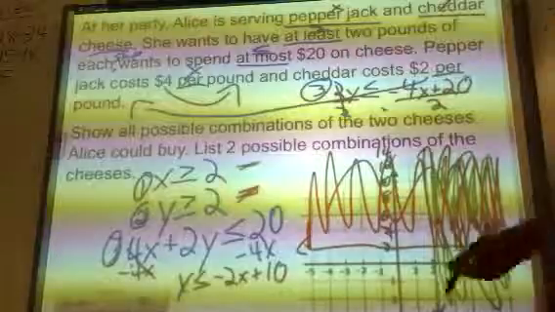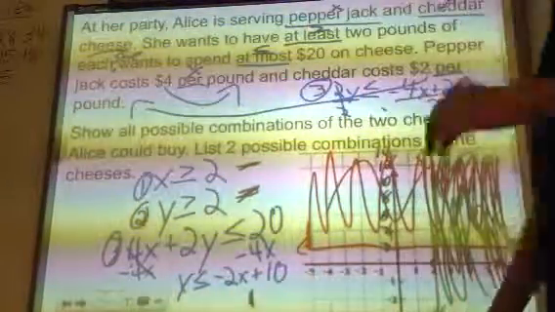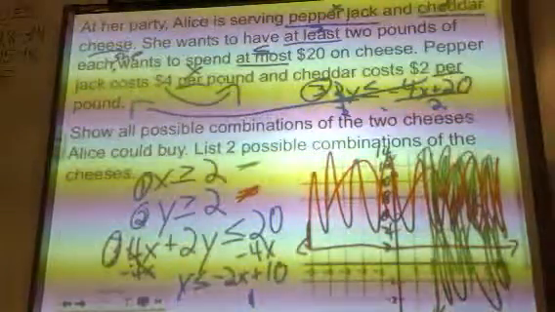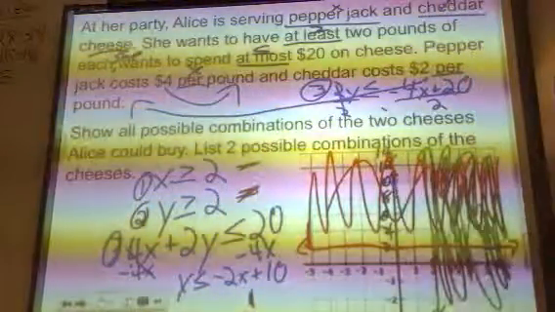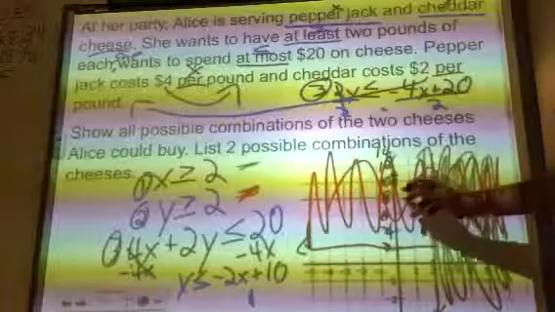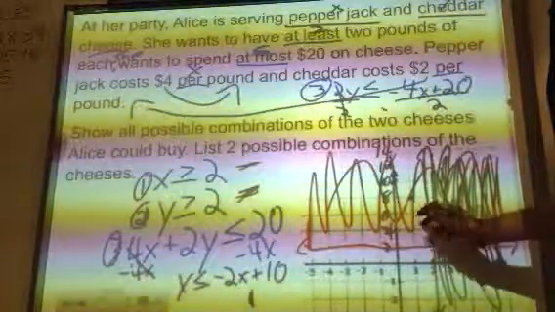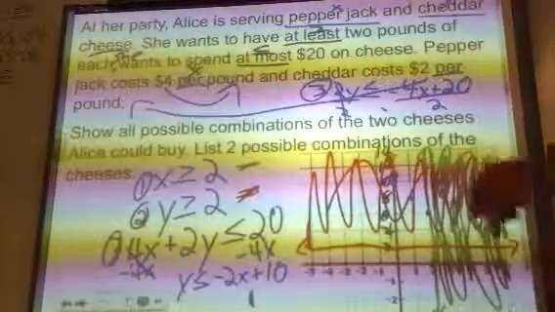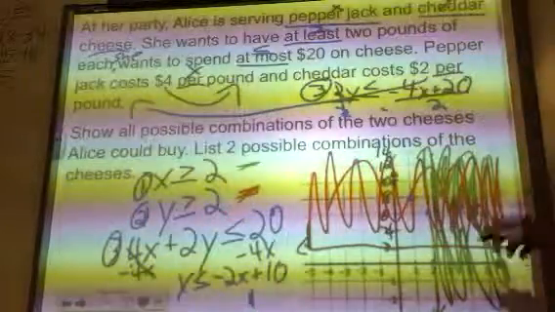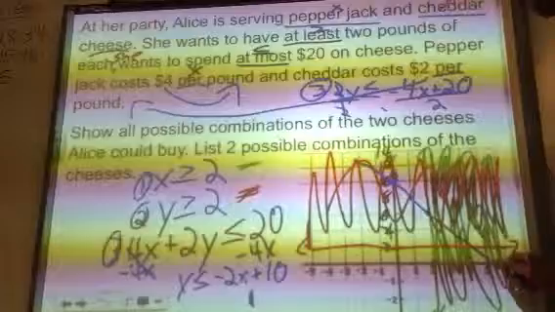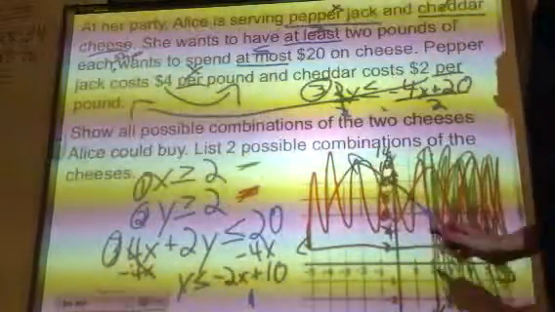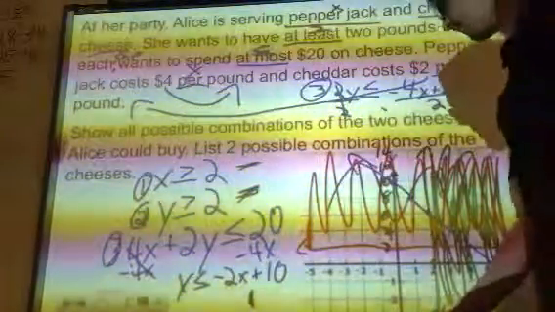And let's go ahead and just graph inequality 3 in blue. Inequality 3 has a y-intercept of 10 and a slope of negative 2, so down 2 to the right 1, down 2 to the right 1, and it's less than or equal to, so we want to include that line as part of our solution. Okay, so it's going to look like that.